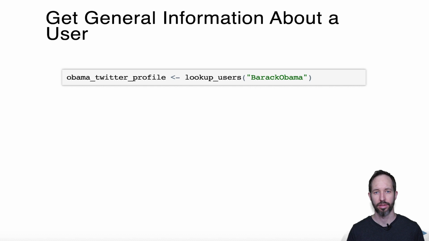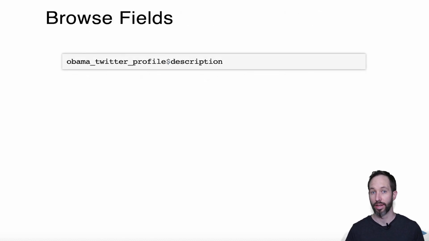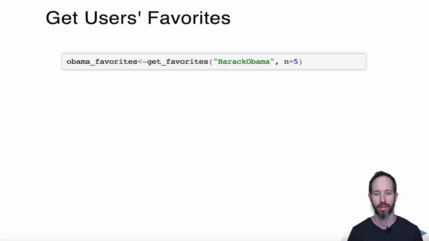So let's say we wanted to look up information about @BarackObama, which is of course former President Barack Obama's account. Then we could find out, for example, what language he uses to describe himself, where he lists his location as being, the number of followers he has, the number of people he follows, and many other features at the user level. So make sure to check those out.